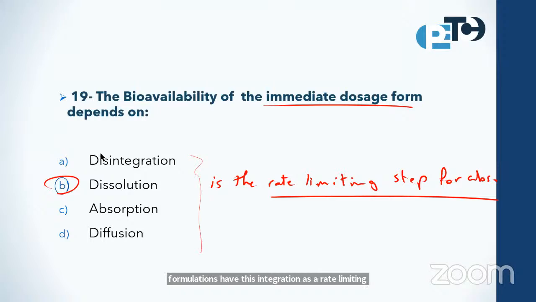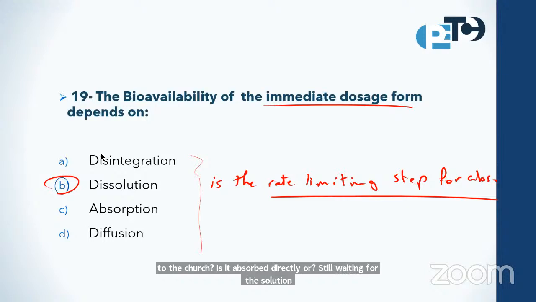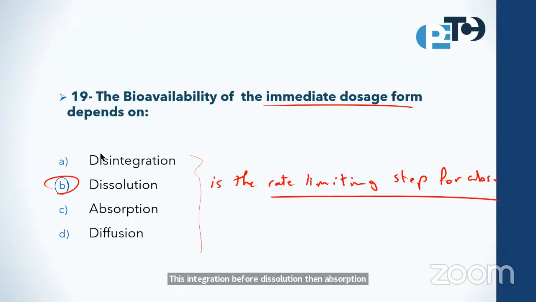But after disintegration happened, what will happen to the drug? Is it absorbed directly or still waiting for dissolution? Disintegration before dissolution, then absorption. Actually, is disintegration the rate limiting step for dissolution?